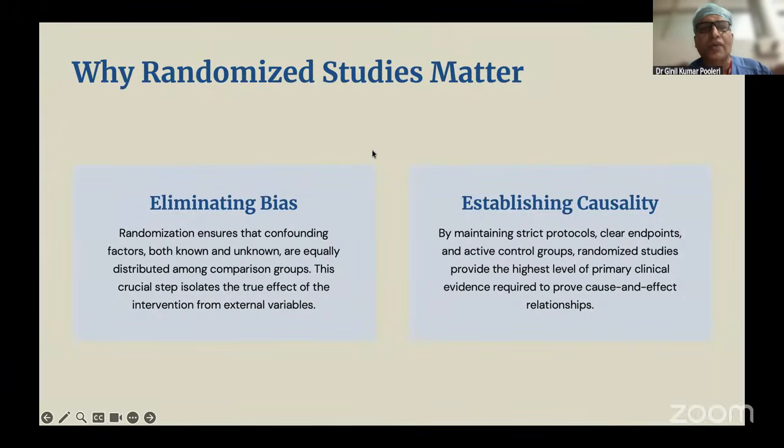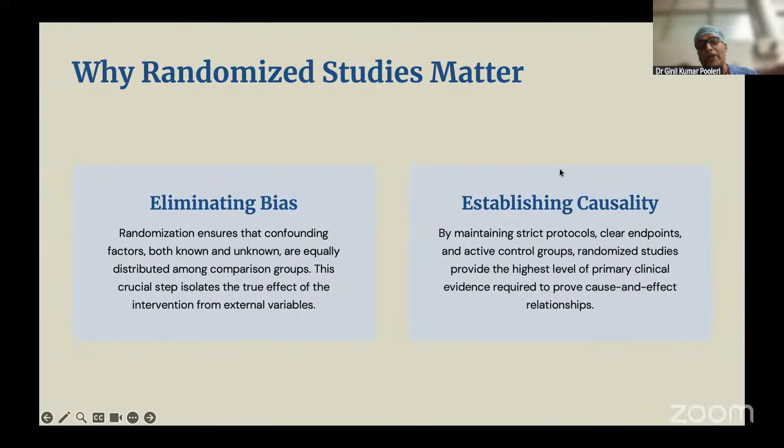Why is an RCT important? Because this is the best form of evidence, a study where bias is avoided. What we are doing is distributing the subjects into different groups in such a way that there is no bias happening.